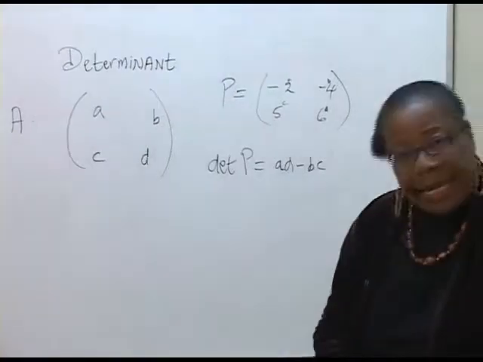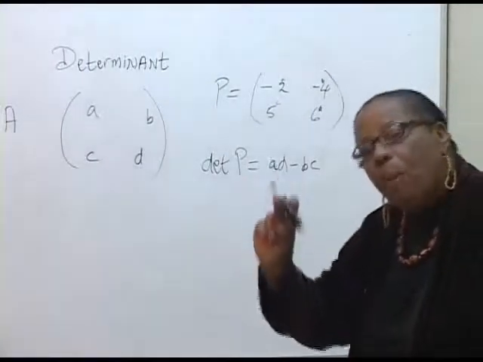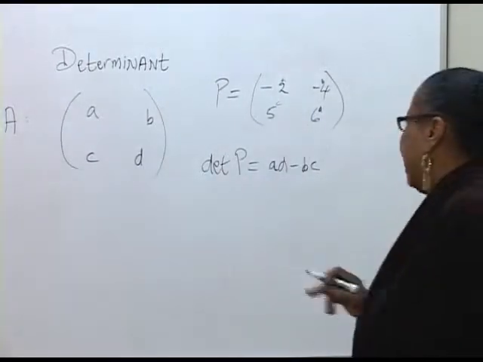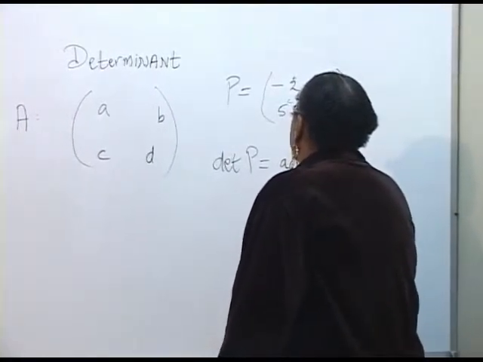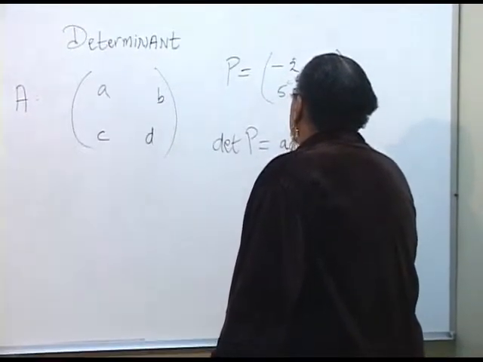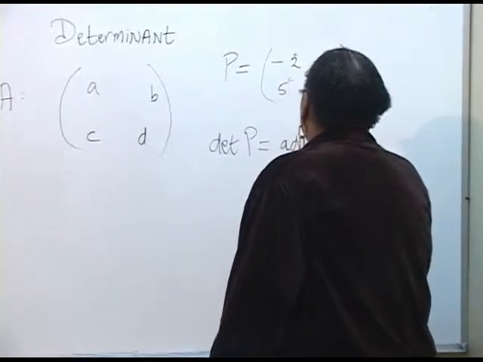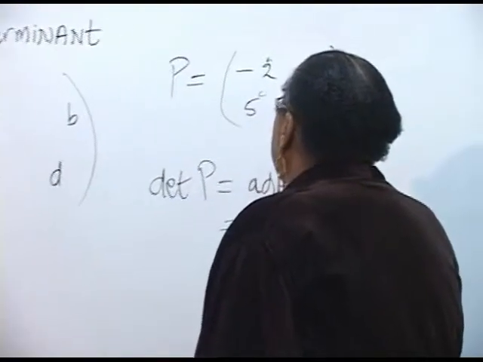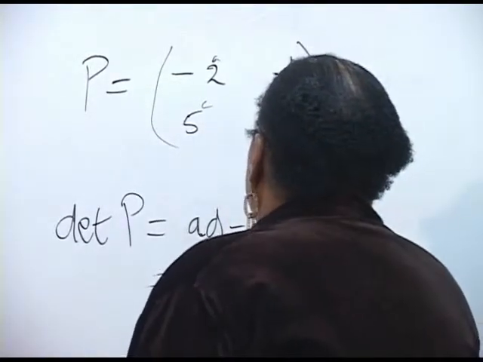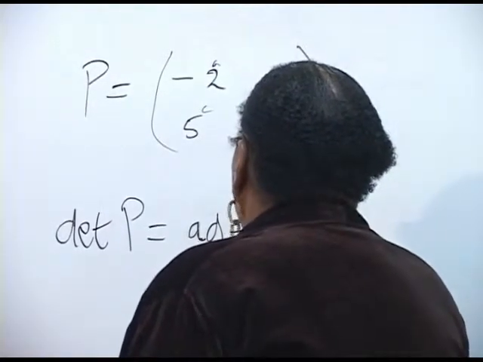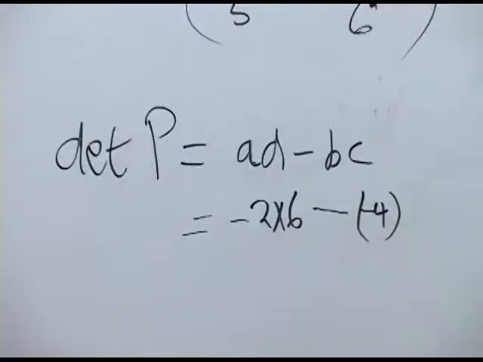When we write AD, it means A multiplied by D. So it will now be equal to -2 times 6, and it is minus, and this minus sign has nothing to do with the value of B, which is a -4. Put it in a bracket if you feel that you're not going to remember, so you don't drop the minus that is in the formula.